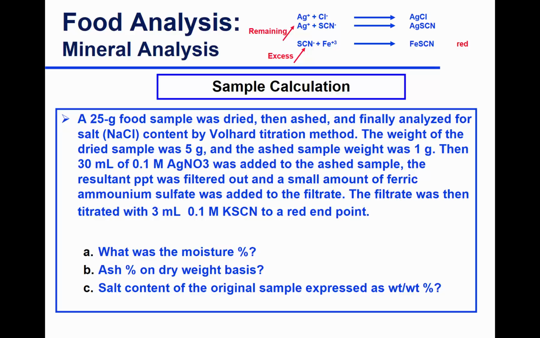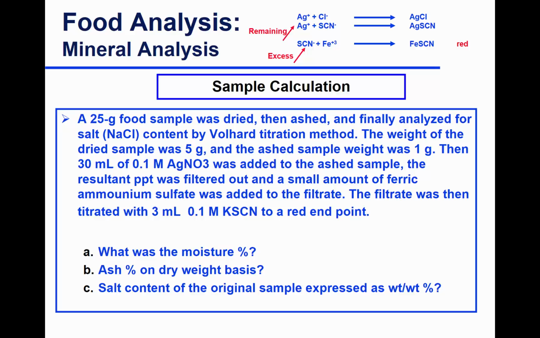Okay, so how do we approach the last one, salt content of the original sample? What's the systematic way of doing that? What's the first thing you want to do? Anybody want to volunteer? Okay, Amanda.